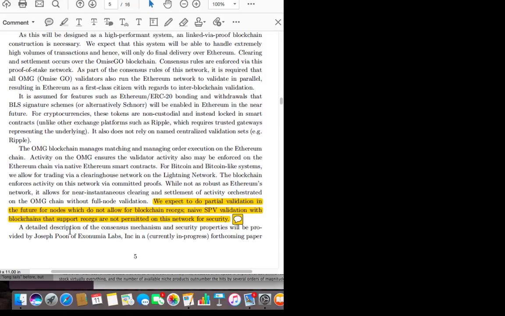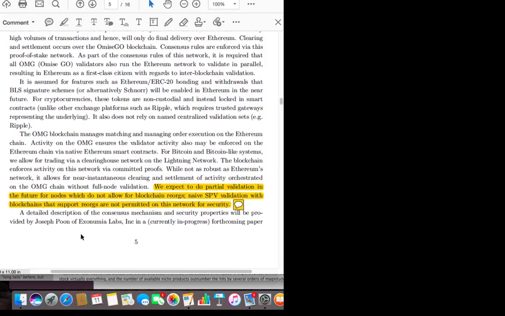It goes on to talk about the Omisego blockchain managing matching and order execution on the Ethereum chain. They do expect to do partial validation in the future for nodes which do not allow for blockchain reorgs. So that's key. The blockchain can't really reorganize, otherwise it could increase the risk of some issues. We also have the native SPV, aka Special Purpose Vehicles, validation; blockchains that support reorgs are not permitted on this network for security.